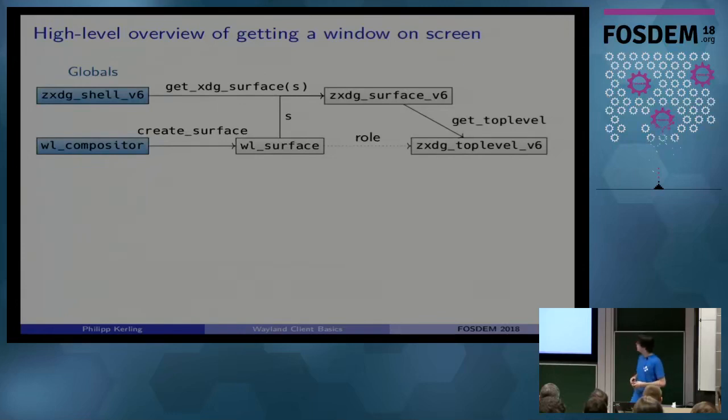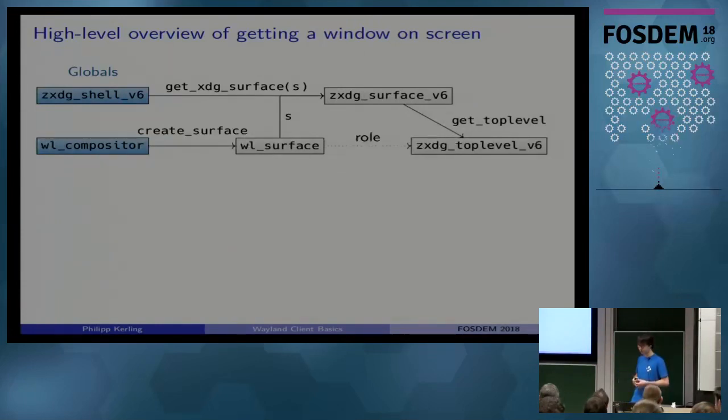There's a stable version of XDG shell that's already there, but not many servers are supporting it yet. So for the moment, this is still your best bet. You should be using XDG shell version 6. And if it's ever replaced by the stable version, it's just a copy and paste job, and you just remove the unstable prefix, and remove the version at the end, and then you are good to go with the stable version.